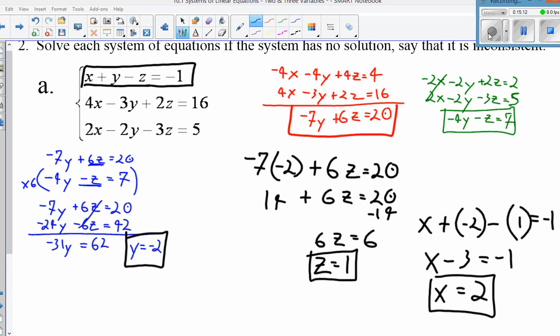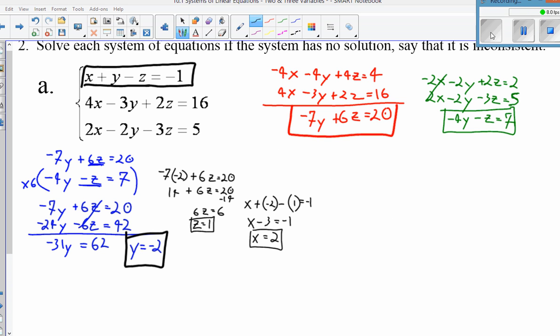I always like to try and check my solutions. So to check here, since I used this equation to solve, I'm just going to pick one of the last two. Bottom one has a smaller number, so I'm going to do 2 times my x, which was 2, minus 2 times my y, which is... oh, here my y should be negative 2. minus 3 times my z, which was 1.